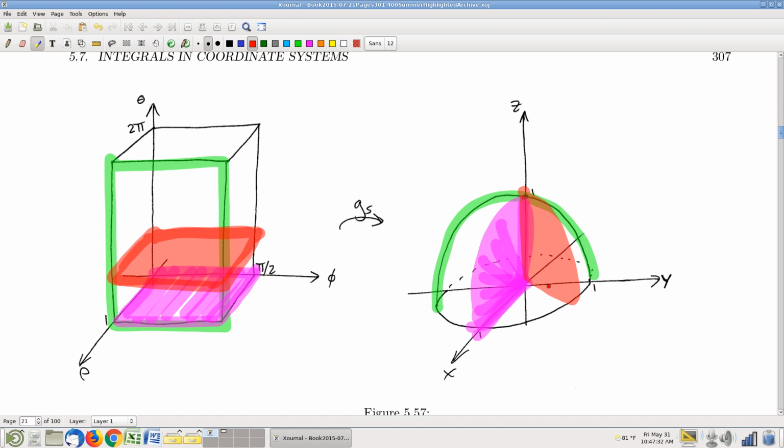So if you want to make the entire half ball, you can see from the picture here that I need these half slices to go all the way around.